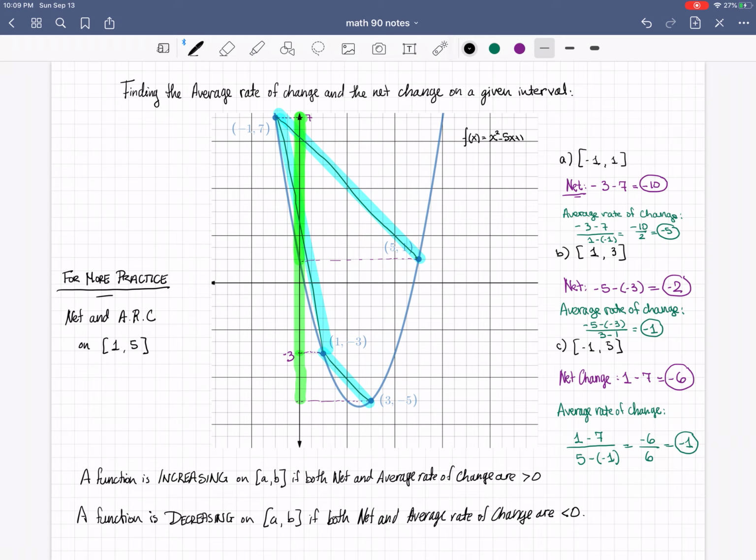Okay? So already just looking at what we have here, you might be able to tell, oh look, sure, it's gone up from 1 to 5. So that's an example of an interval in the domain of this function where the net and the average rate of change will be positive, so the function is increasing. But I'll let you all practice that on your own to see it.